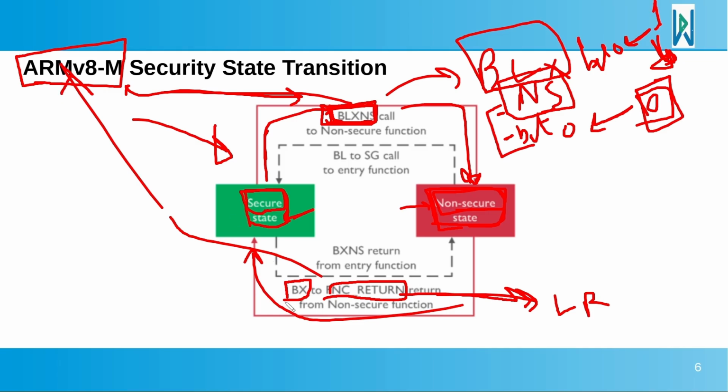Once we execute branch with exchange to this value, the processor will know that we are trying to return from non-secure to secure. Hence, it will restore back the secure state, and it will restore the return secure address. And hence, it will know the location that it should jump to after executing this branch with exchange to function return.